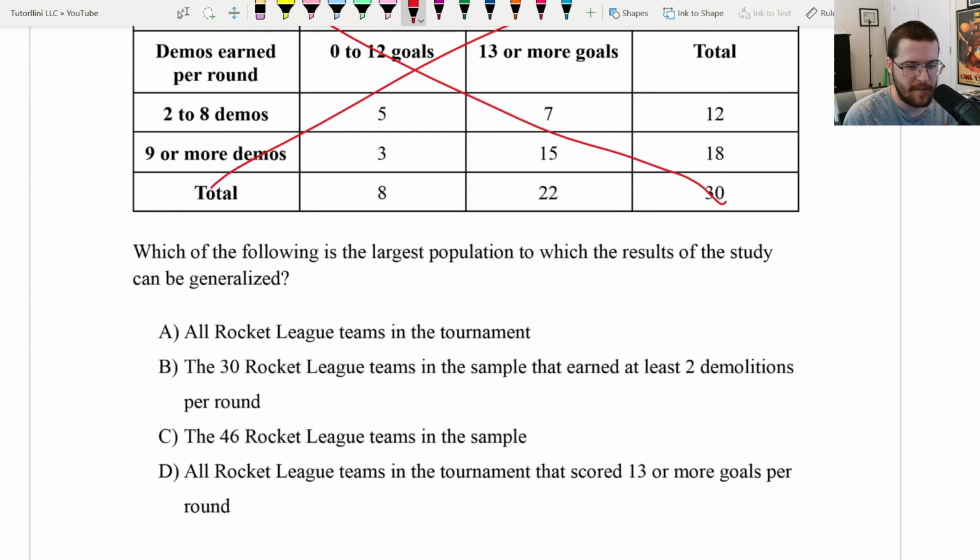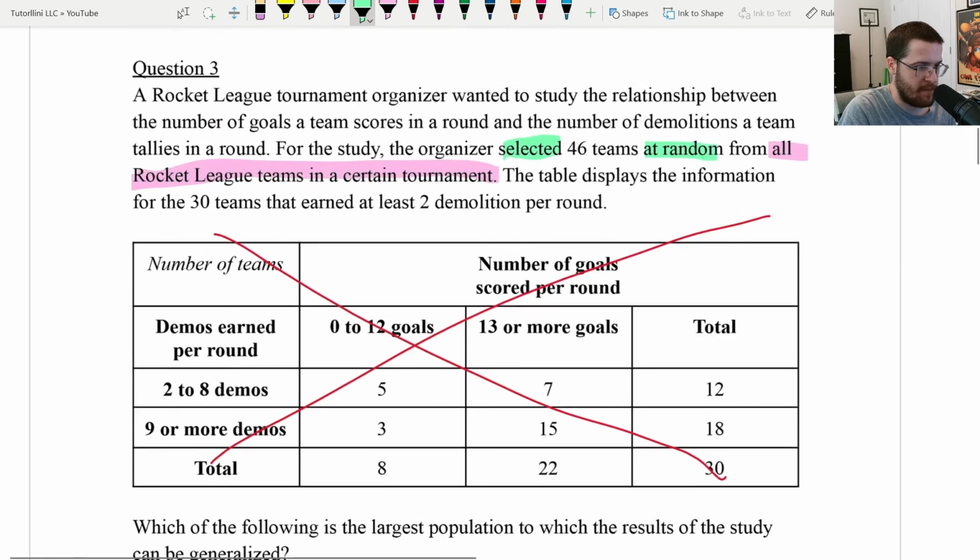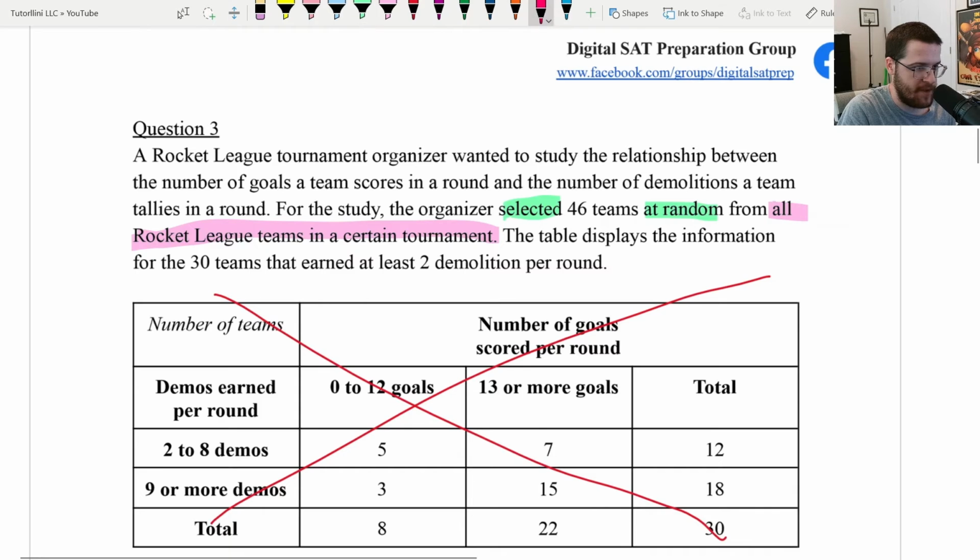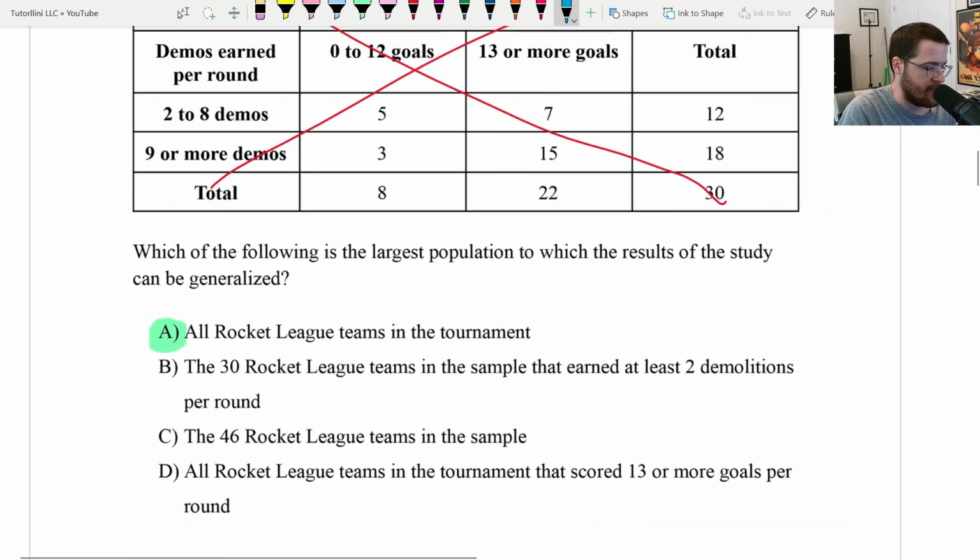Okay, so it might seem deceptively easy, but I believe the answer is this one, all Rocket League teams in the tournament. That's just the population that we extrapolated from the question up here. Let's talk about why some of the answer choices are wrong. In the sample, that's a red flag. That is always wrong. We selected at random, so we generalize to the population, not the sample.